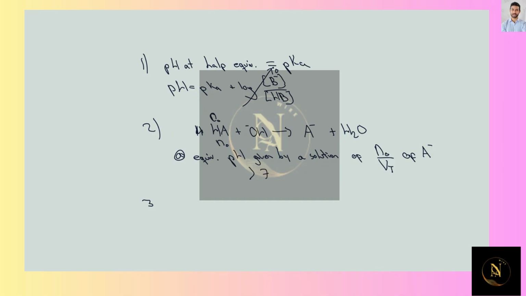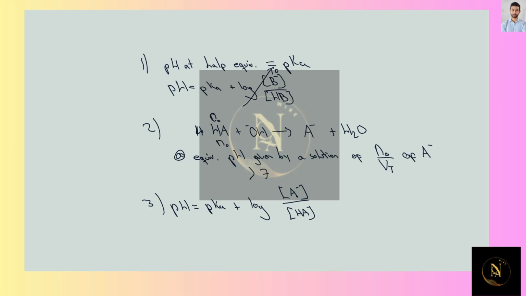Next up, on 3, why should dilution of a buffer with pure water not change the pH? This is because if we go back to the Henderson-Hasselbalch equation, remember that this is the concentration of A minus divided by HA, the conjugate base divided by the acid.